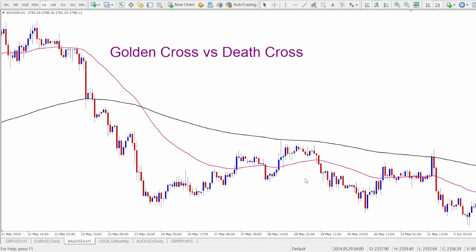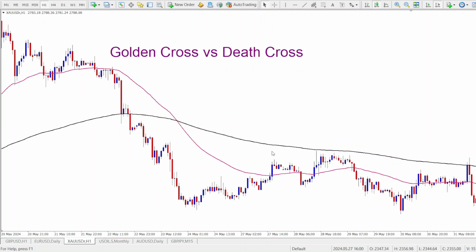So how can we actually use these indicators in forex trading? Think of them as guides rather than absolute rules. Each cross has strengths and limitations, so combining them with other technical analysis like support and resistance levels or maybe RSI can help you make more balanced decisions.